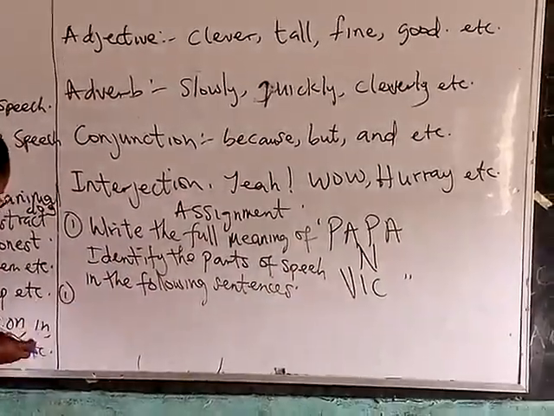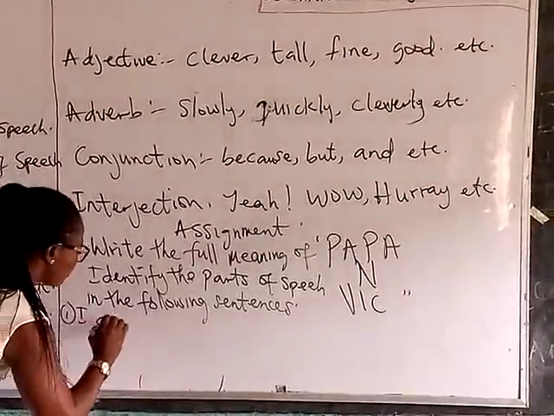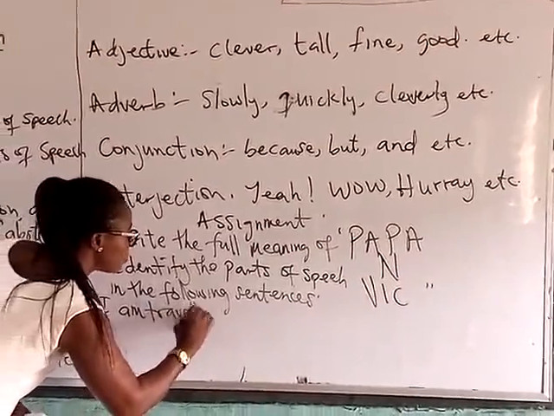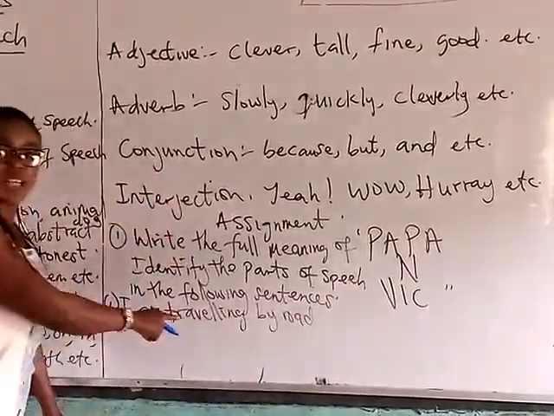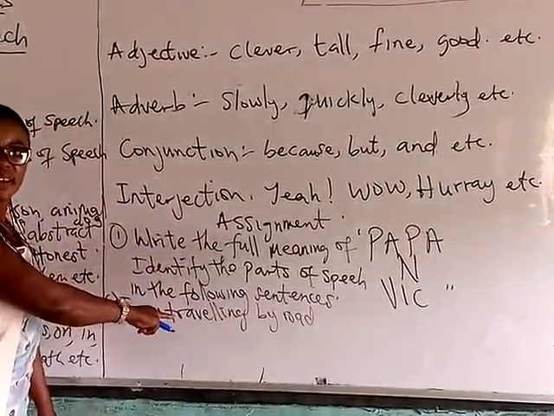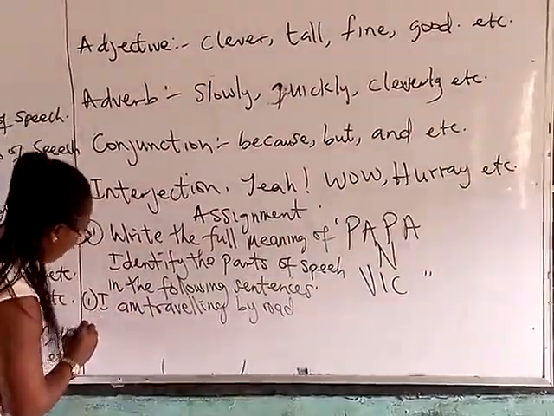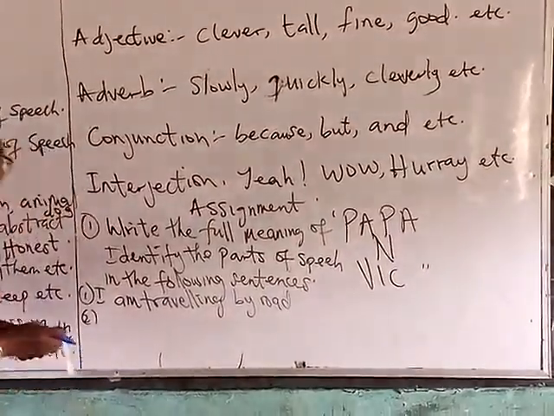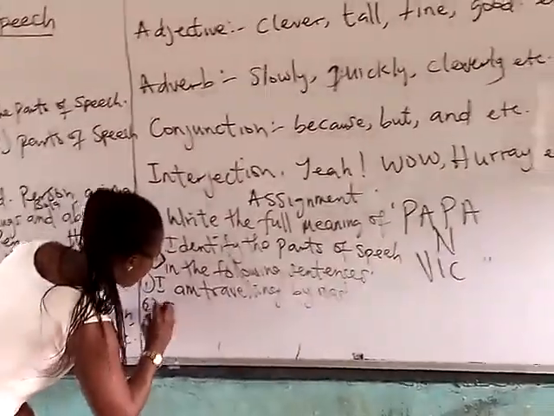Number 1, I am traveling by road. Tell me what part of speech is here. Number 2, send her to me.